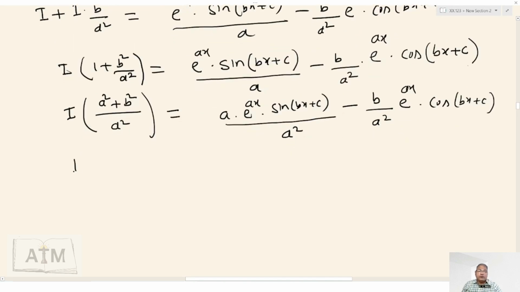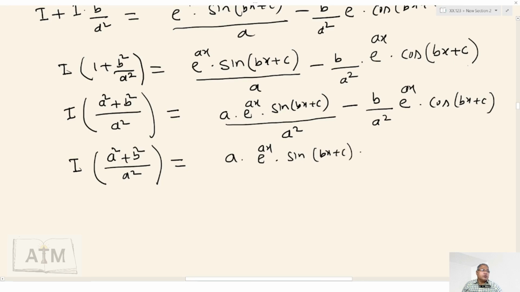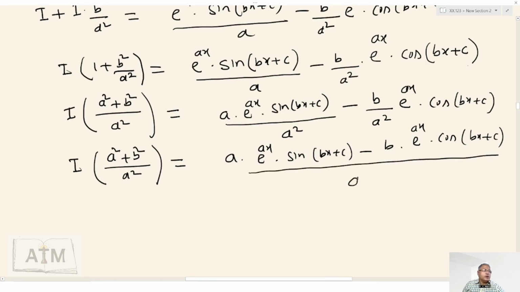So I into (a²+b²)/a² equals a into e^(ax) sin(bx+c) minus b into e^(ax) cos(bx+c), divided by a², get cancelled both sides.